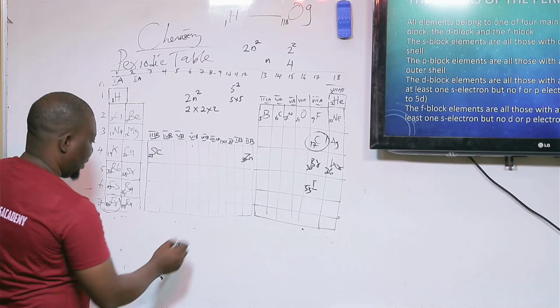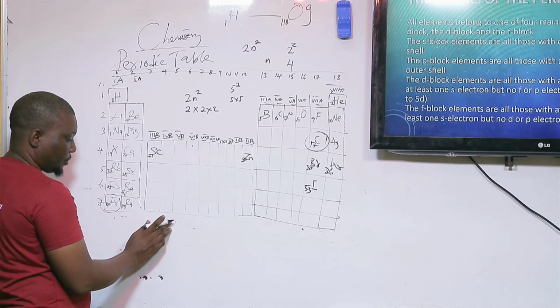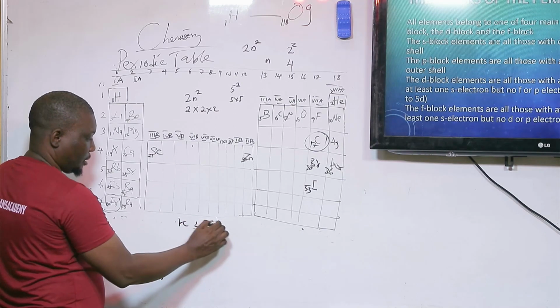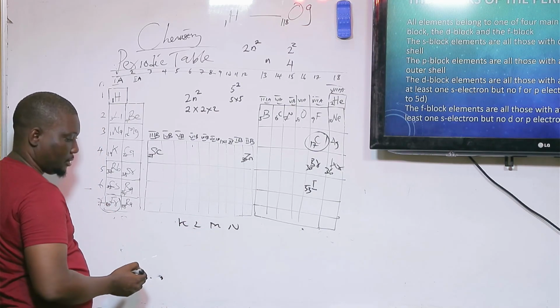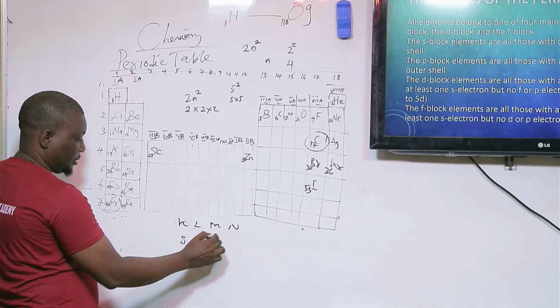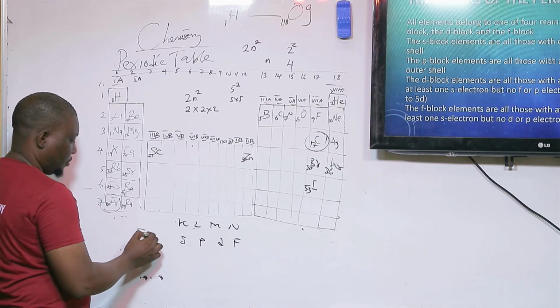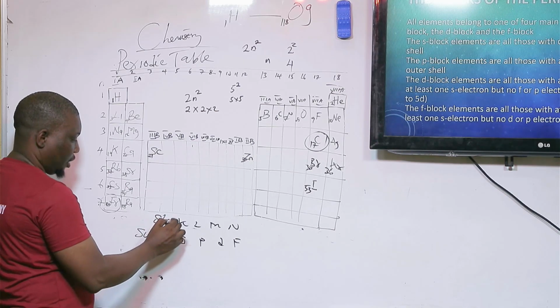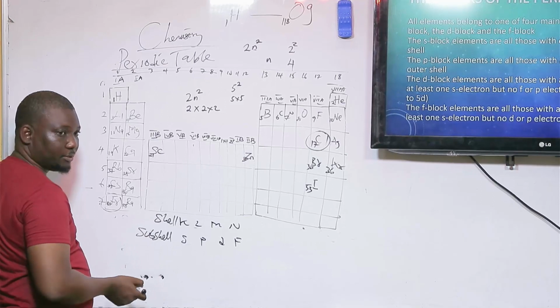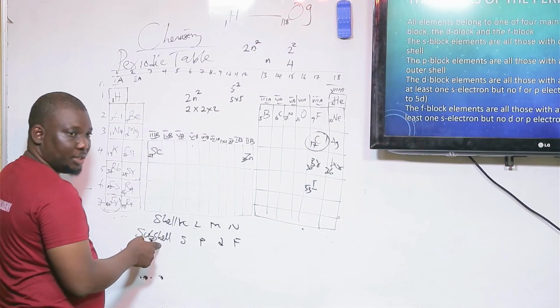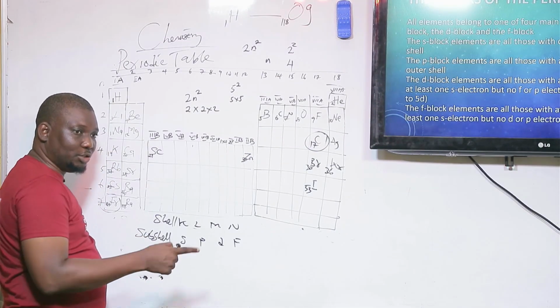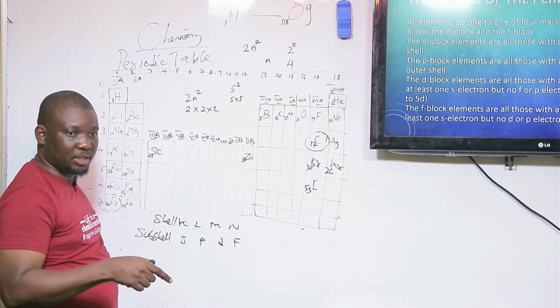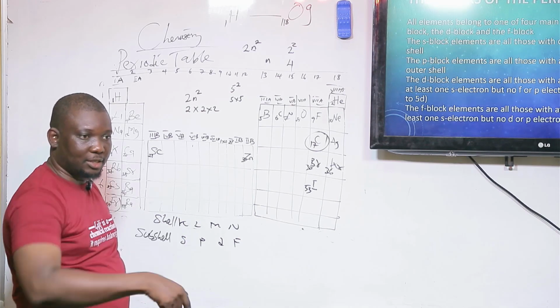Okay. Now, please take note that these are shells, but these are what? Subshells. What this sub means is that these are the regions of the shell where you have the possibility of seeing an electron.